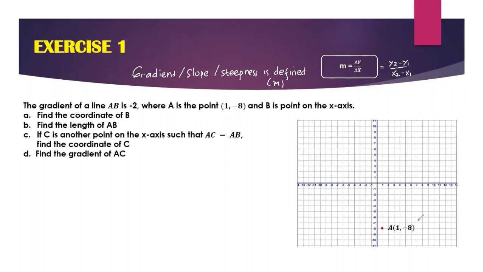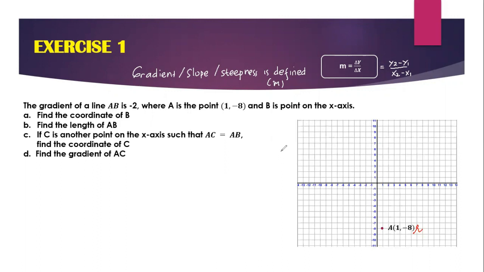The coordinate of A (1, -8) means 1 for X and -8 for Y. Is it clear, everyone? Okay, now we go to the question.